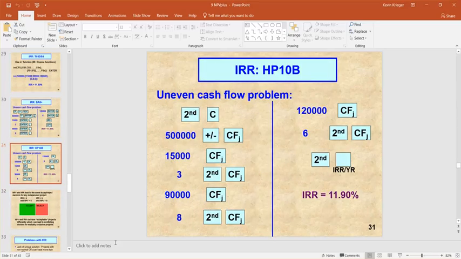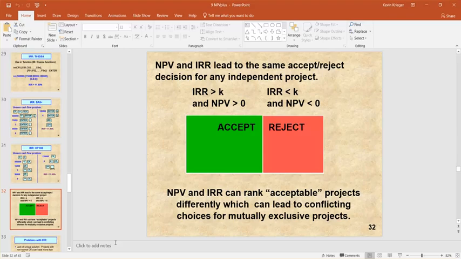Finally, with your HP calculator, NPV and IRR, as you heard from me already, will give you the same information about independent projects. That is to say, if all I'm thinking about is this one project, project X, I'm going to get the exact same decision, accept the project, whether I use IRR or NPV.